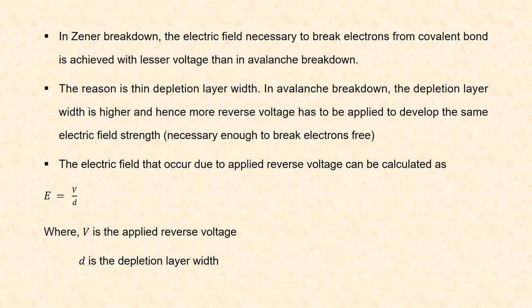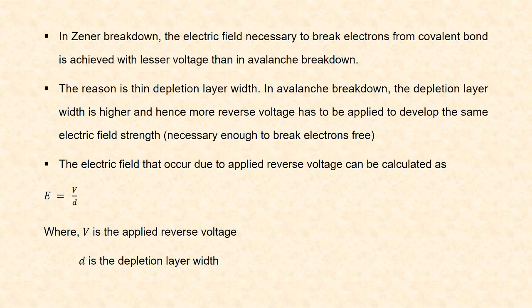In Zener breakdown, the electric field necessary to break electrons from covalent bonds is achieved with lesser voltage compared to avalanche breakdown. The reason is that in Zener breakdown, the depletion layer is very thin.